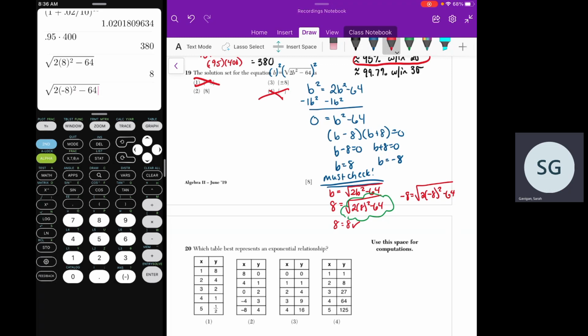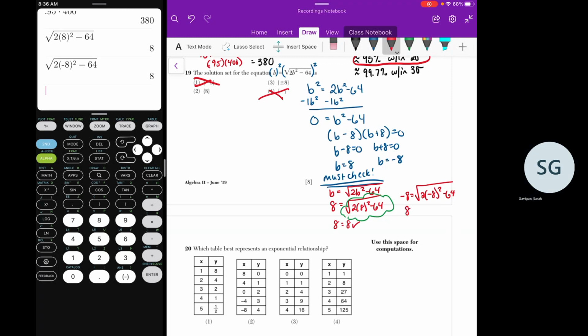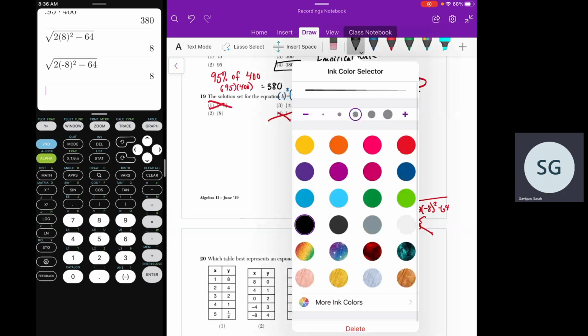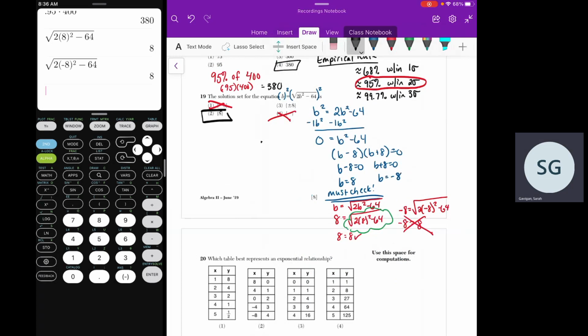Minus 64. All right, so if this is going to be a correct answer, when I hit enter on my calculator, it'll say negative 8. However, it says positive 8. That is an extraneous root. Therefore, the only answer that actually works is positive 8.